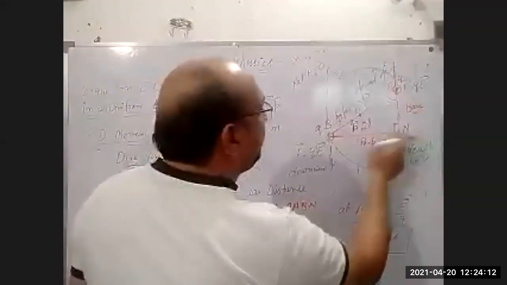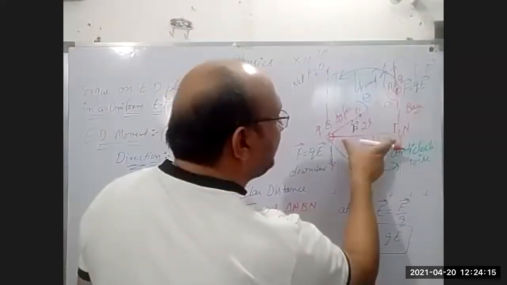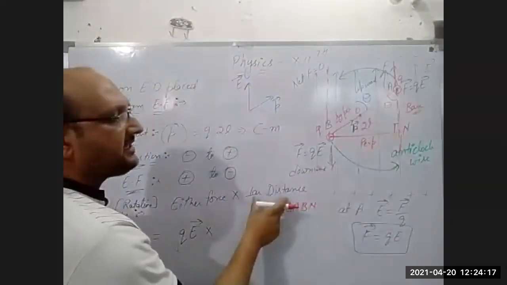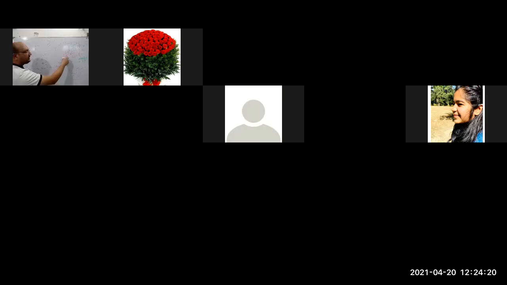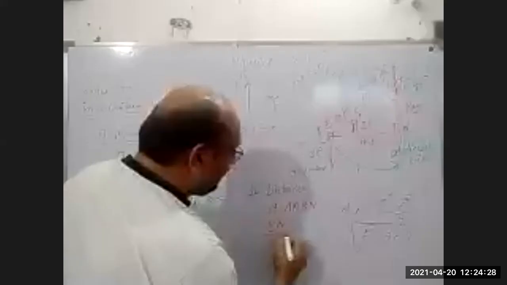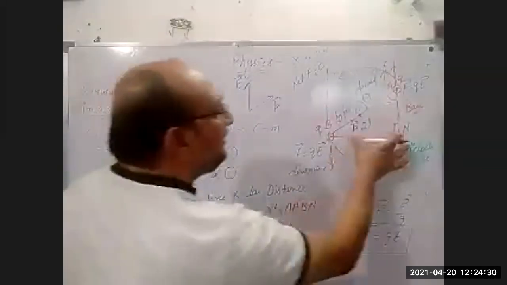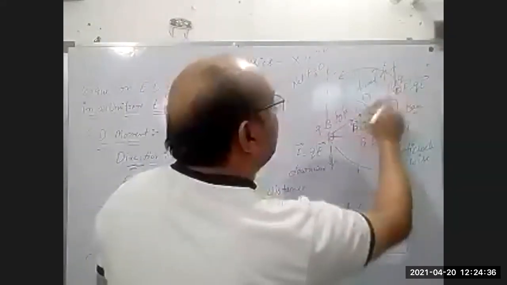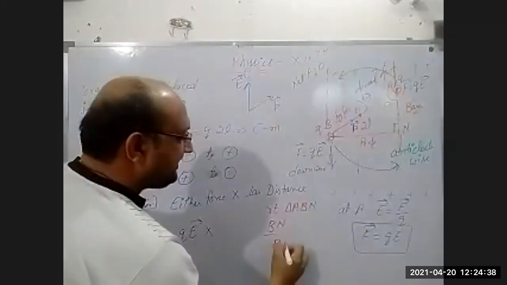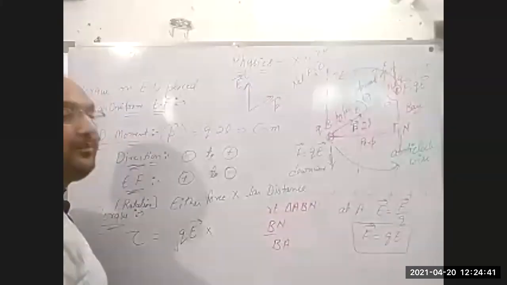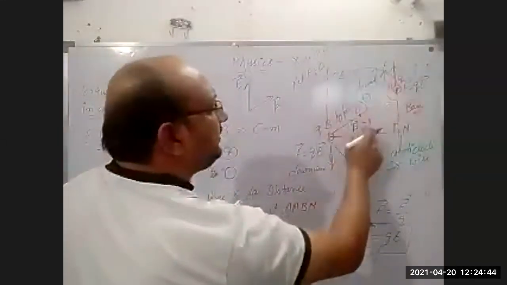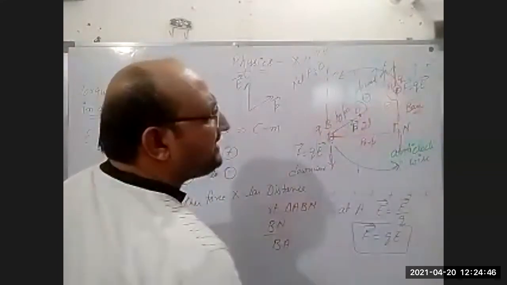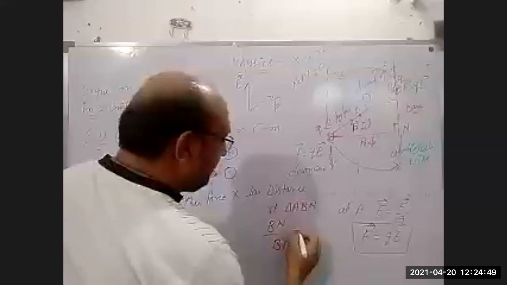BN is the perpendicular distance between the two opposite forces with different lines of action. So write BN as the numerator, and then AB or BA in the denominator. You know the value of BA is 2L.